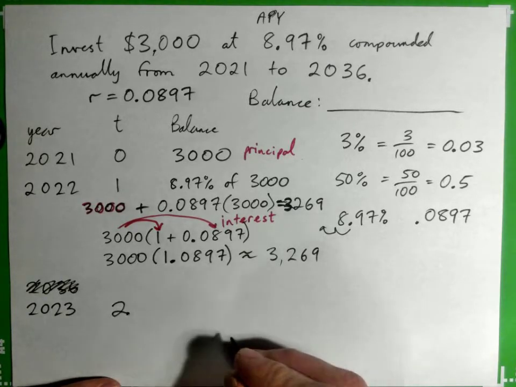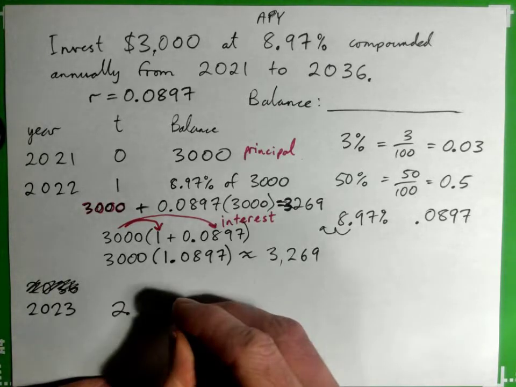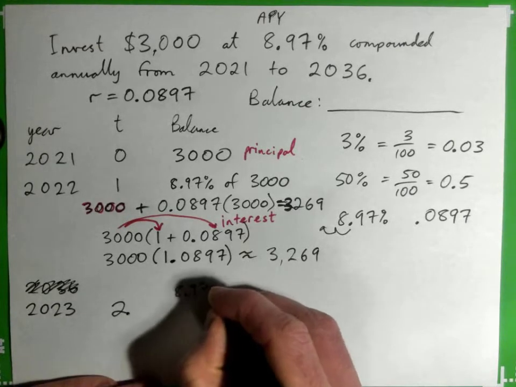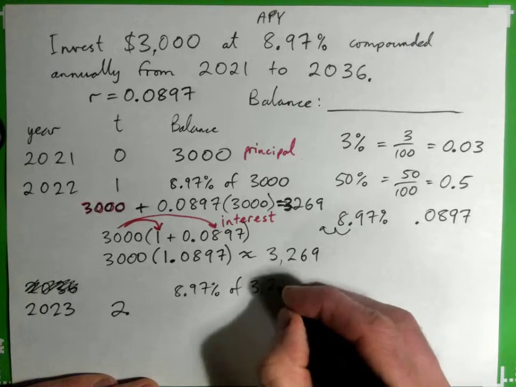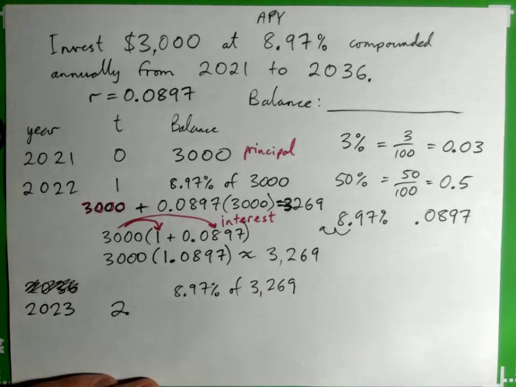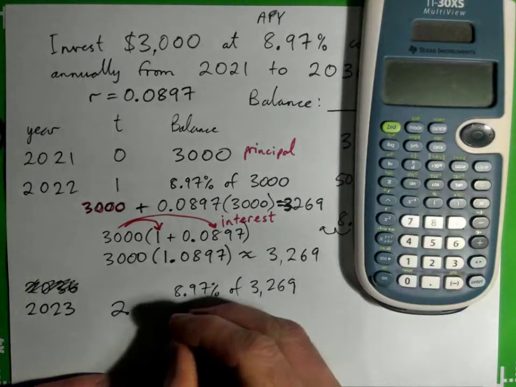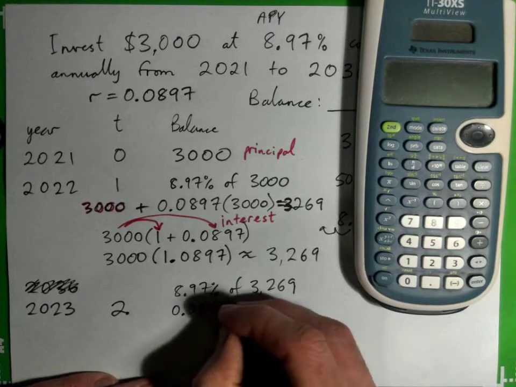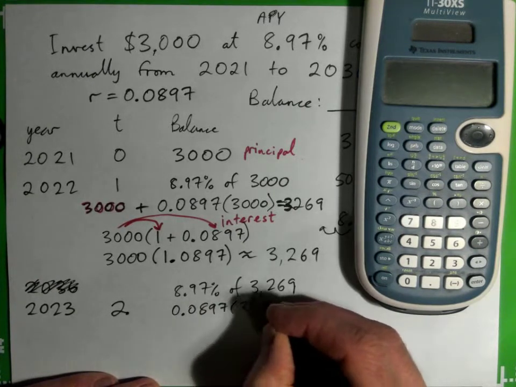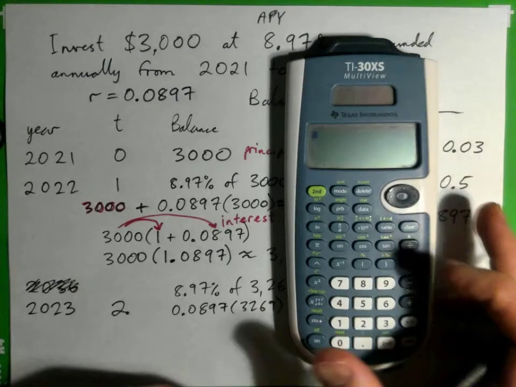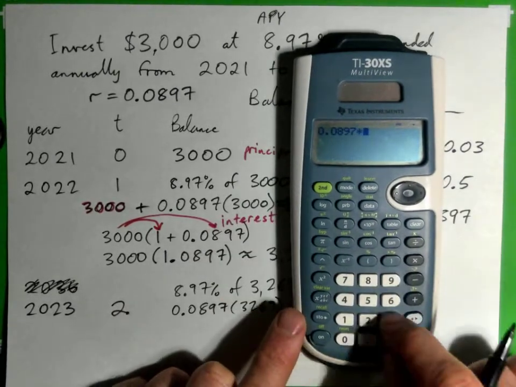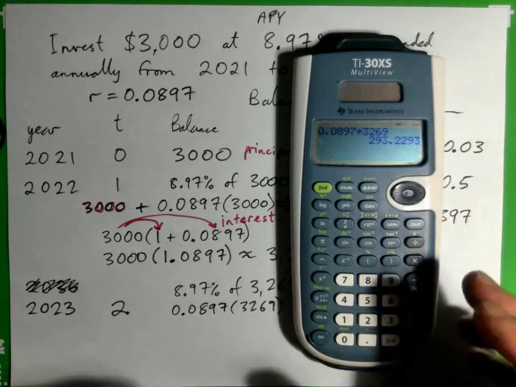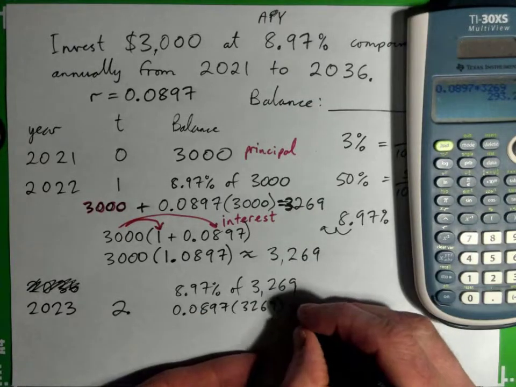So the long way would be, okay, let's get 8.97% of the previous year's amount, 3,269, and we'll add it on. So that would be 0.0897 times 3,269. That's getting the interest from what was on there last year.